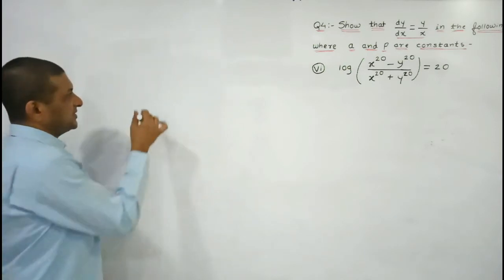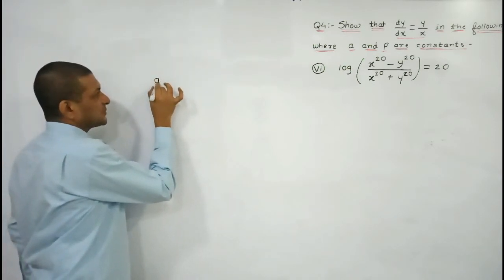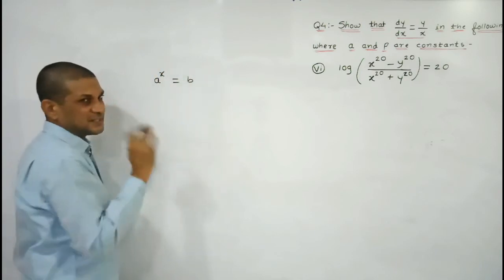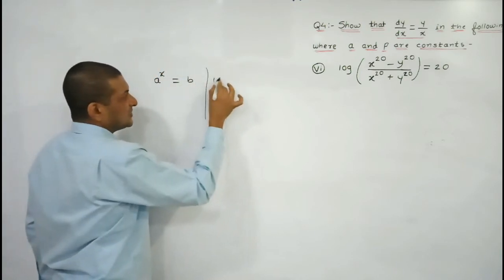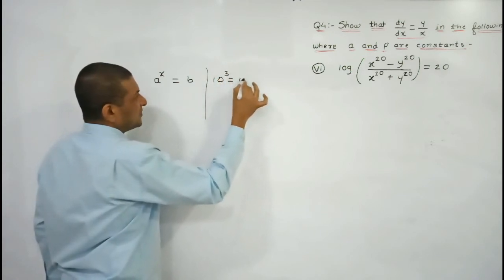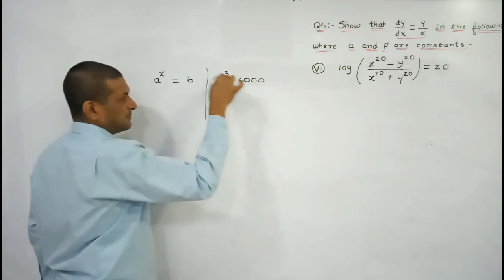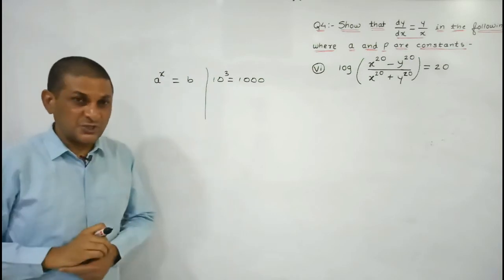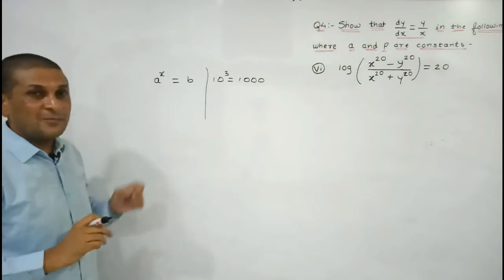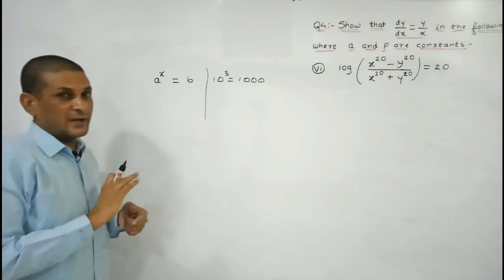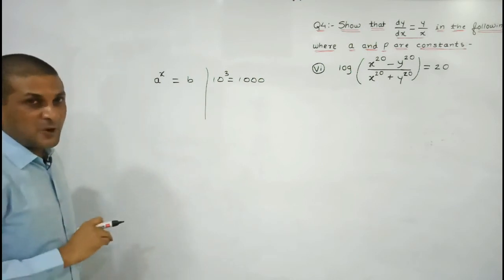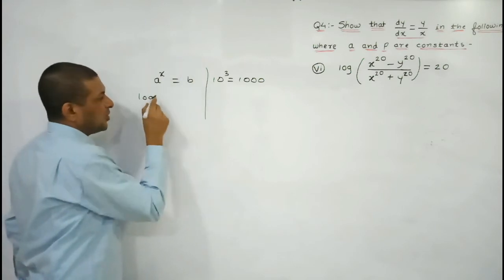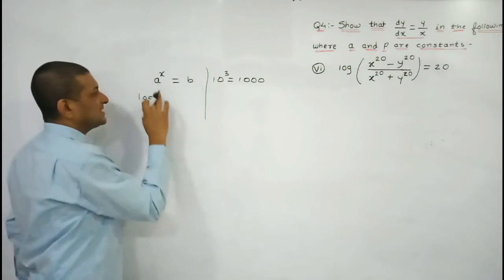तो एक्सपोनेंशियल फॉर्म को consider कीजिए, a raised to power x is equals to b, isn't it? जैसे कि हमें पता है 10 cube is equals to what? 1000. ऐसा टाइप पावर अगर आ गया तो इसे हम कौन सा फॉर्म बोलते हैं? एक्सपोनेंशियल. Now this exponential form can be converted into logarithmic form using the definition of logarithm. So it can be written as log of b to the base a.